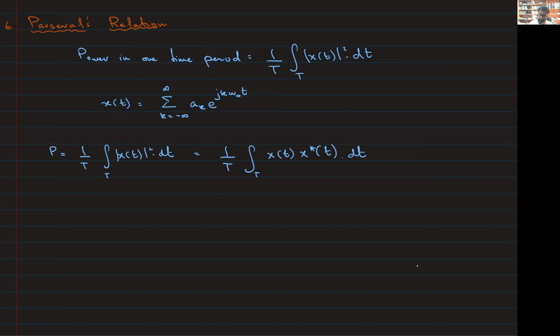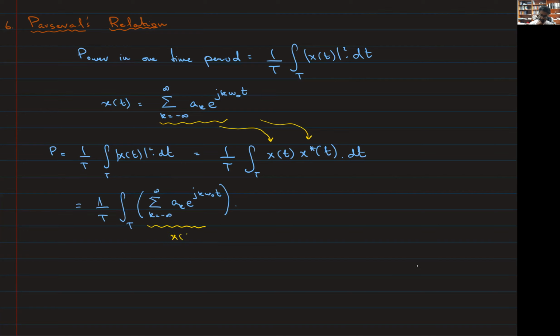And then I plug in this x of t here and here as well in the conjugate. So what do I get? I get 1 upon T, an integral, and x of t is summation k going from minus infinity to plus infinity of a_k e raised to power j k omega naught t. All I've done is plug in what x of t is in terms of its Fourier series decomposition.